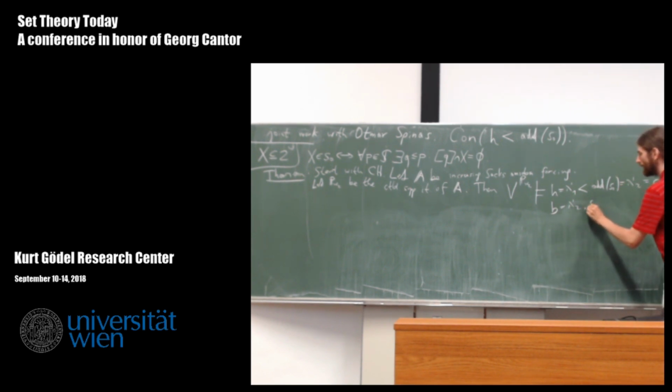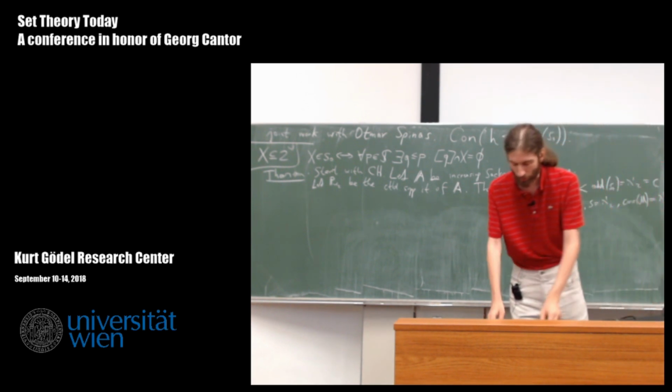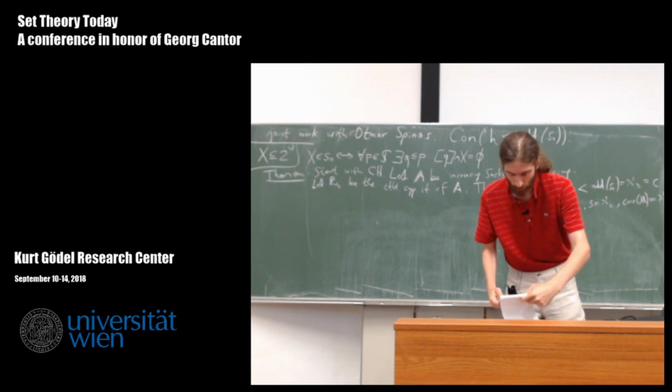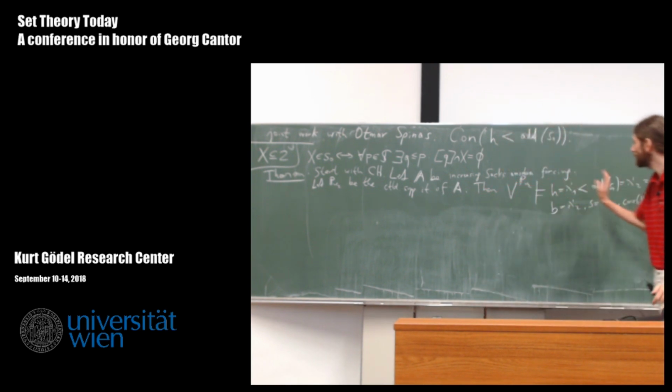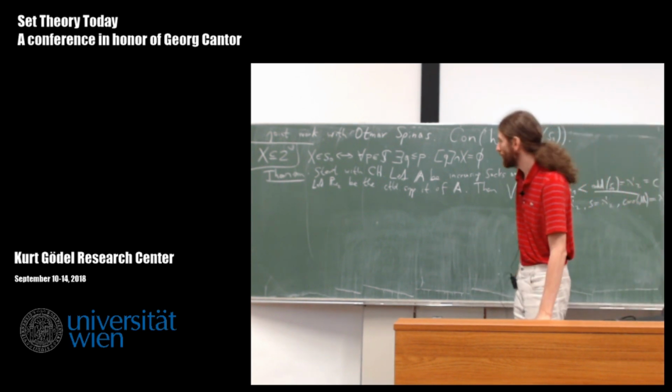The splitting number is large, but the covering of meager, one of the things in Cichon's diagram, is small. So this stays small. This is what we can say, and maybe more, but I just want to talk about these things, and of course this is the most important for the result.